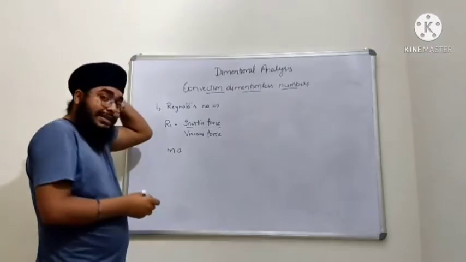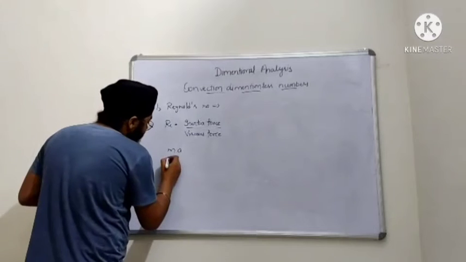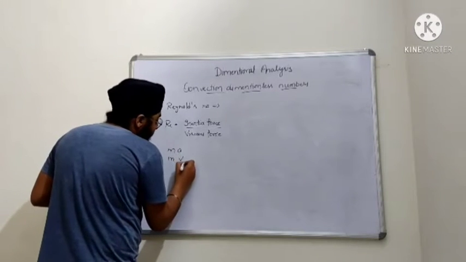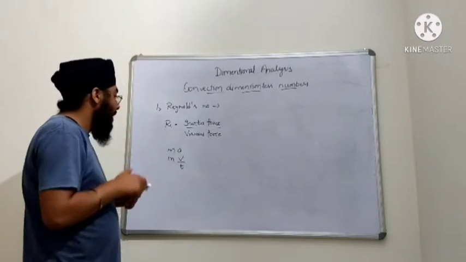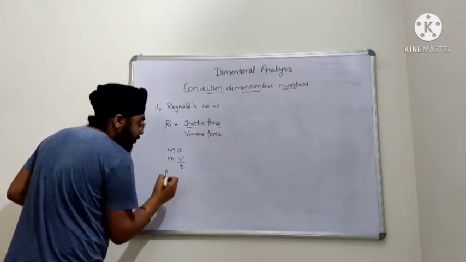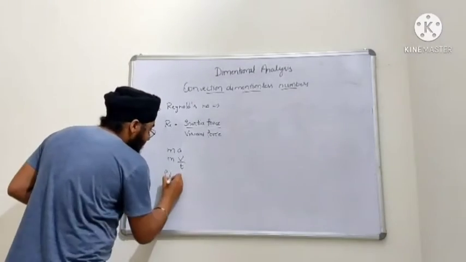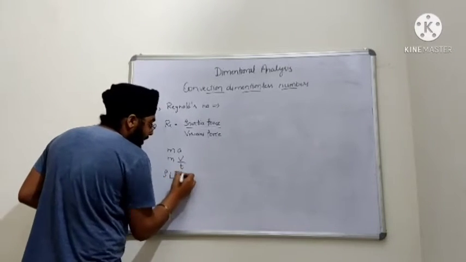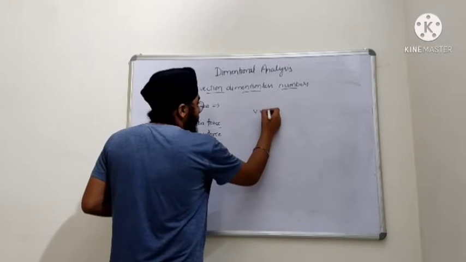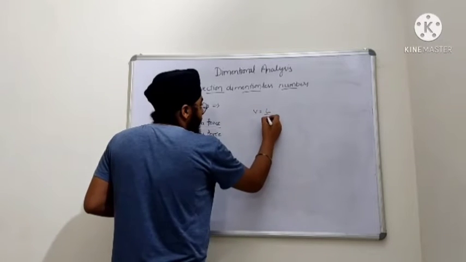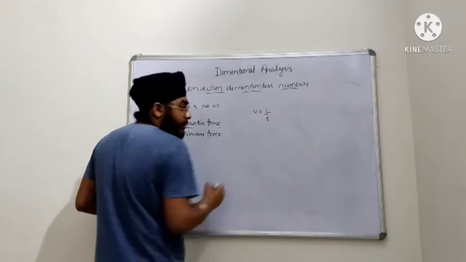We know that acceleration is velocity upon time, so we can write it as v upon t. Now mass I can write as rho into volume, which I will write as L cube. Now velocity, we know that velocity is equal to length upon time.